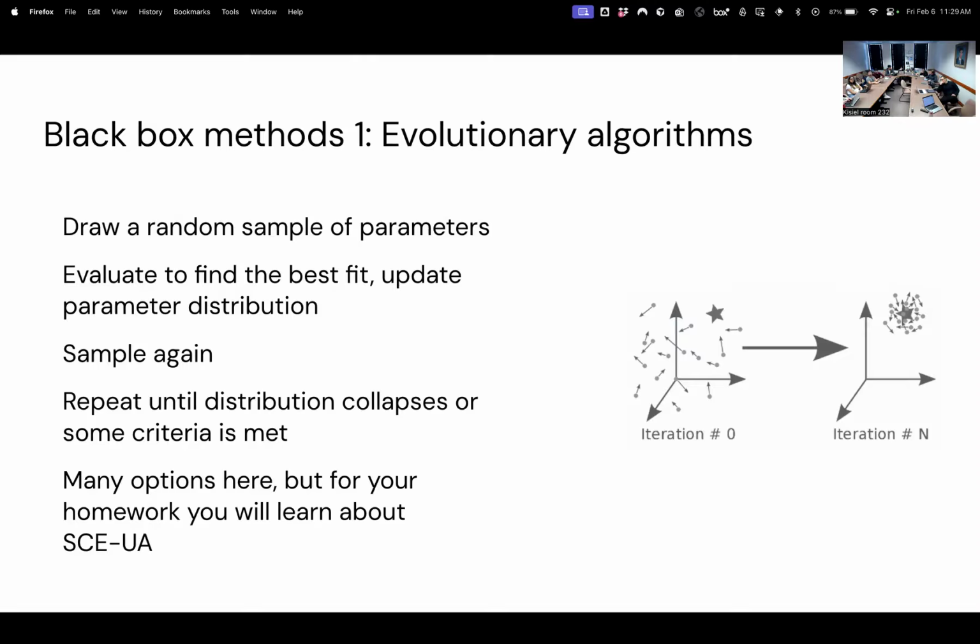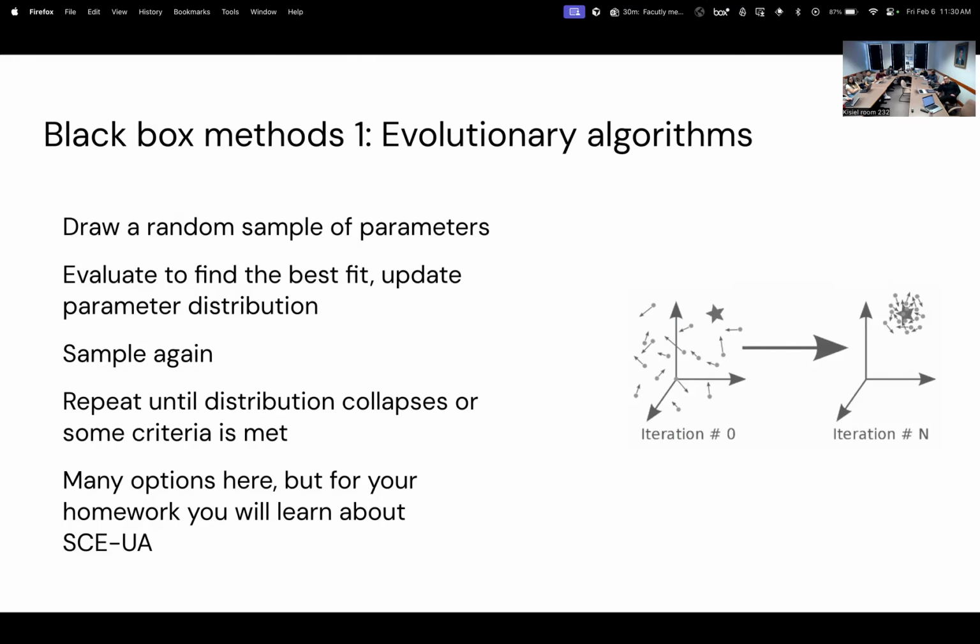Evaluate, find your best fit, exclude some of your bad selections, and then you sample again. And then you repeat until either the distribution collapses or you find the criteria that you want. The sampling distributions and the update step are all going to be algorithm specific.